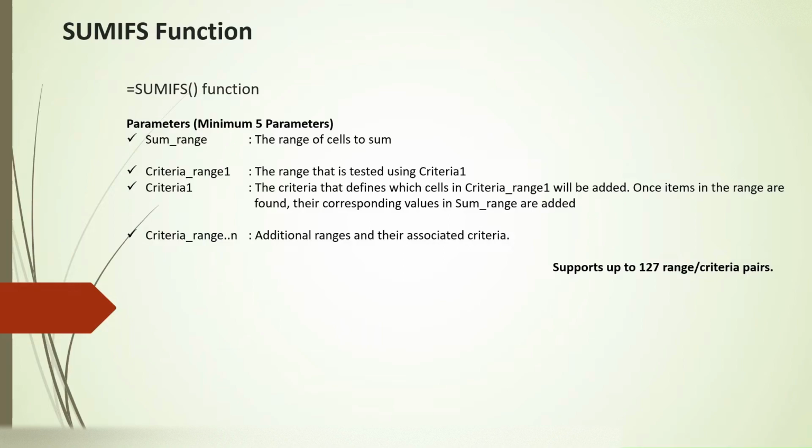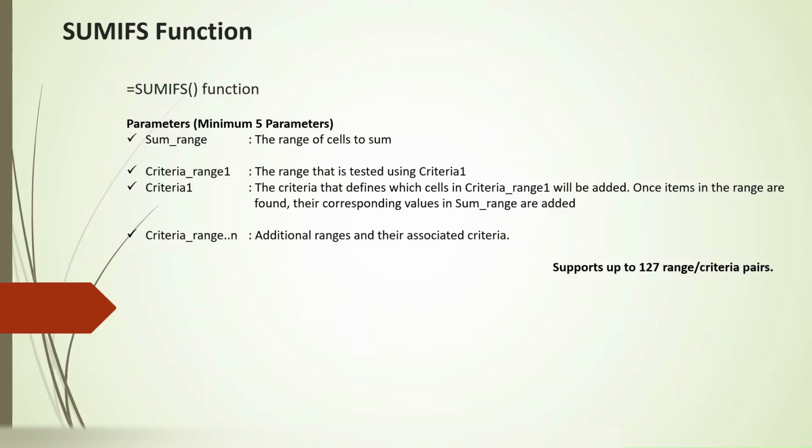The first criteria range tells which range to look into, and with that, what exactly the criteria is. Once the items within the range are found, the summation will be done according to the criteria. We can have up to 127 such criteria range and criteria pairs.